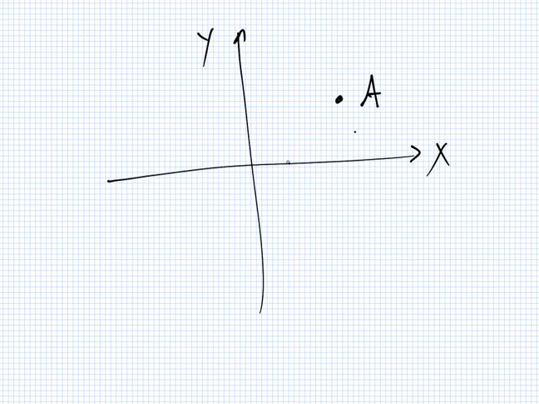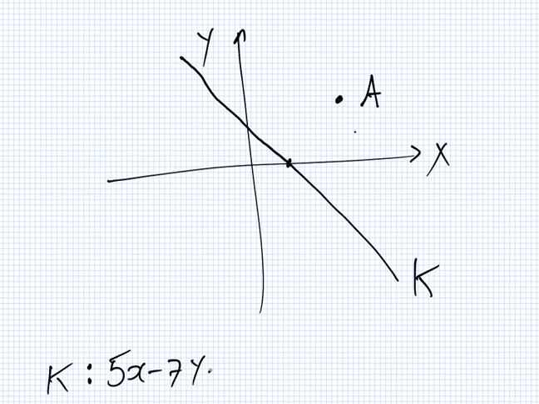Okay, so in this question here, we'll say L is y equals mx plus c. K is equal to y equals 6x minus 4. And A is -5, 2.